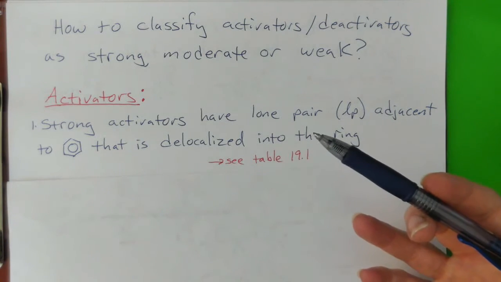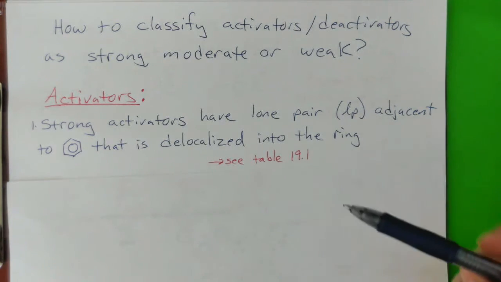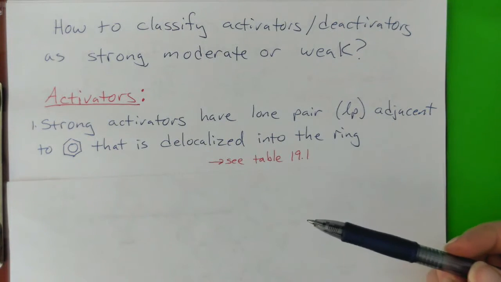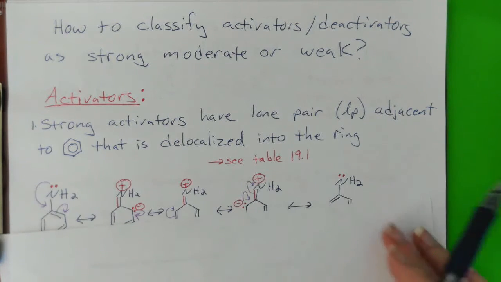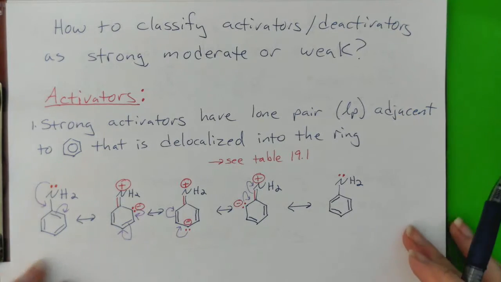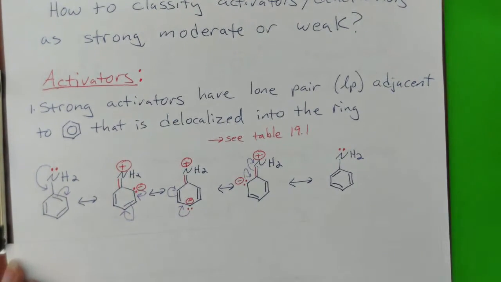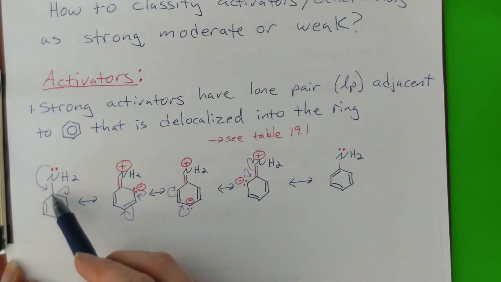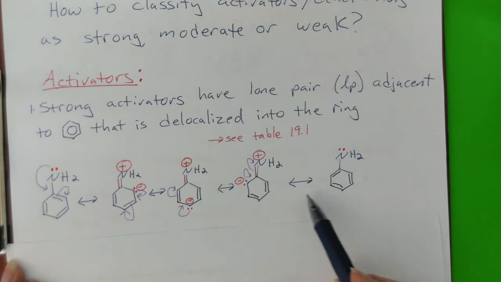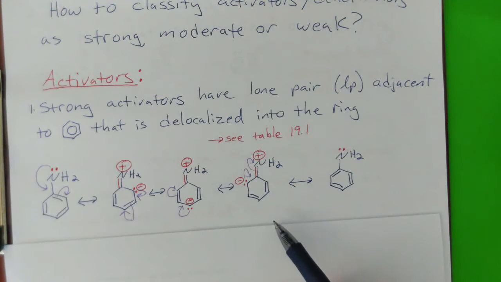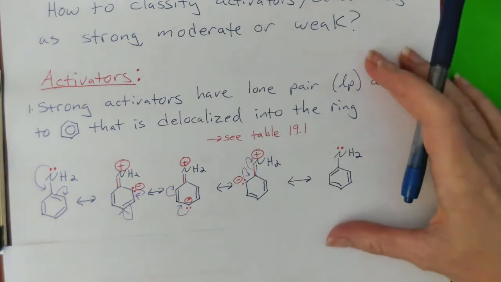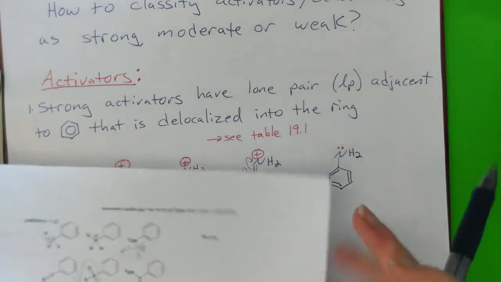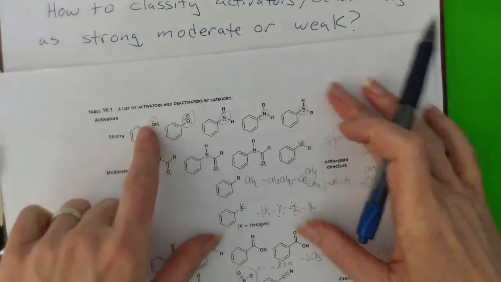So phenol, for example, with that OH group, has a lone pair that can be delocalized into the ring. Another example would be anilines, the amino group, which has a lone pair next door to the benzene ring that can be delocalized into the ring. Okay, so that's how you're going to remember who the strong activators are.